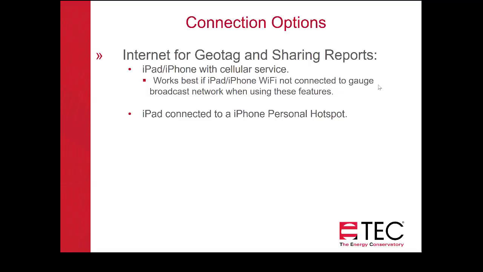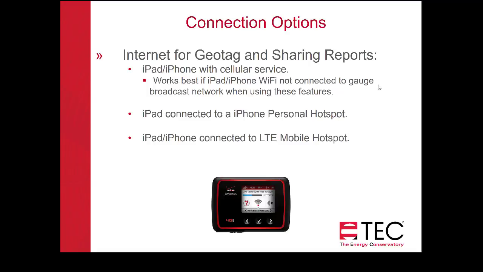The next option is to have the iPad connected to an iPhone personal hotspot. And then the third option is the iPhone or iPad connected to the LTE mobile hotspot.